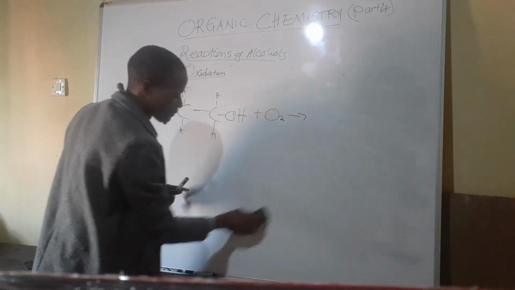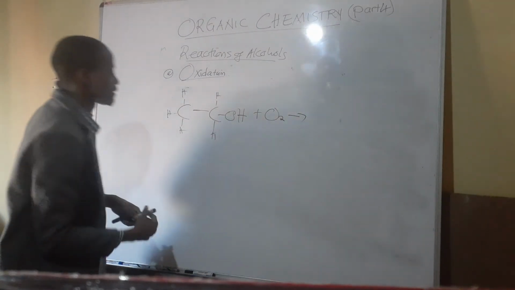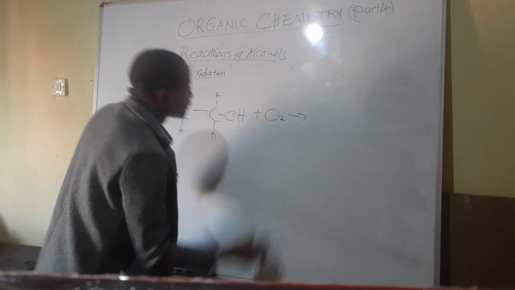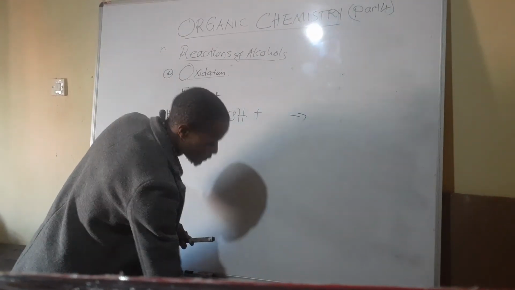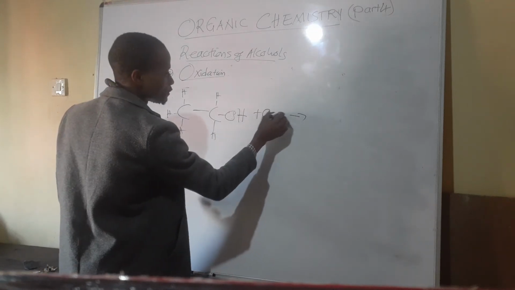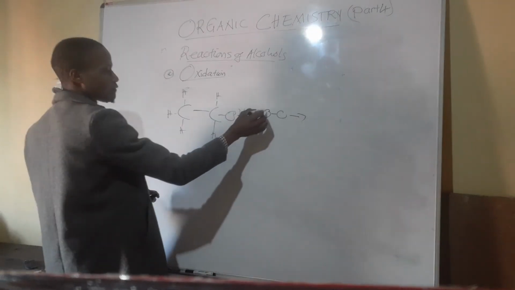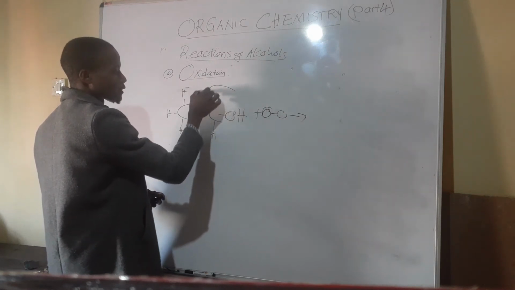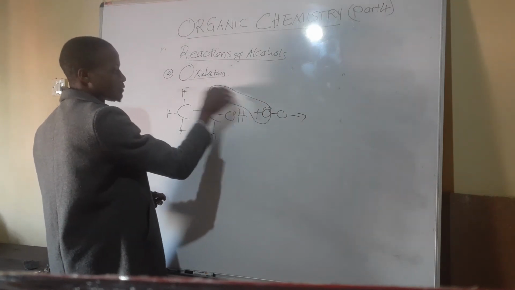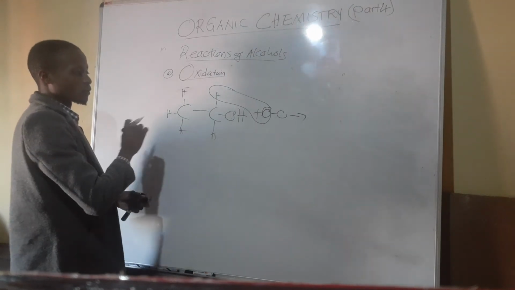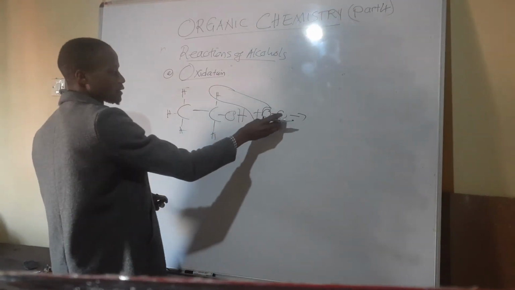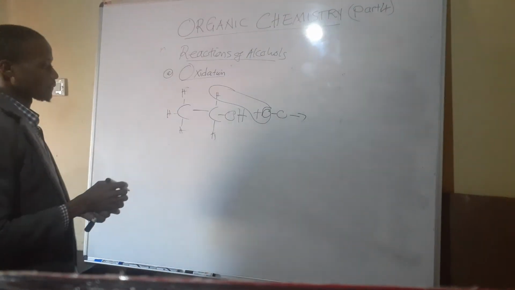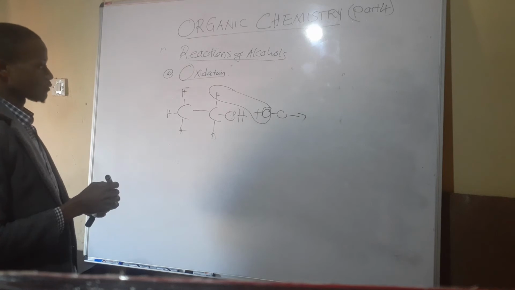So what happens is, one atom of this oxygen molecule will react with one hydrogen atom from the compound to produce water, and the other oxygen will bond itself to the carbon there.